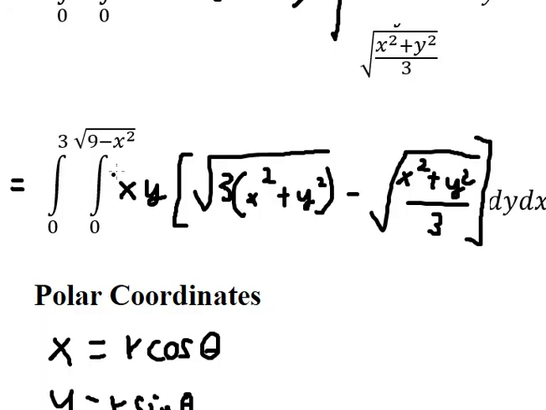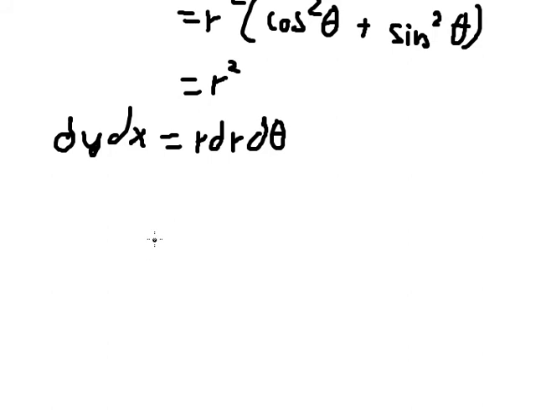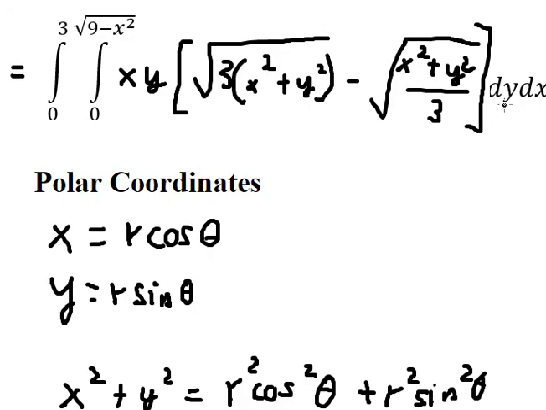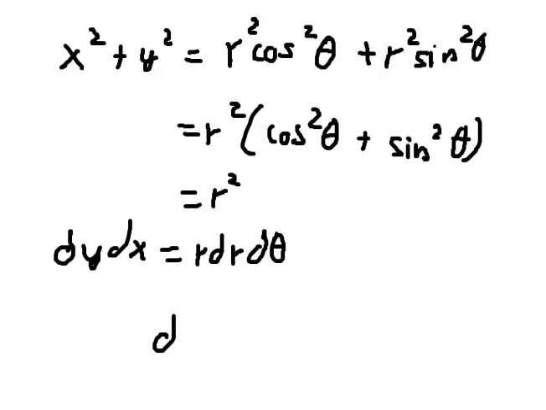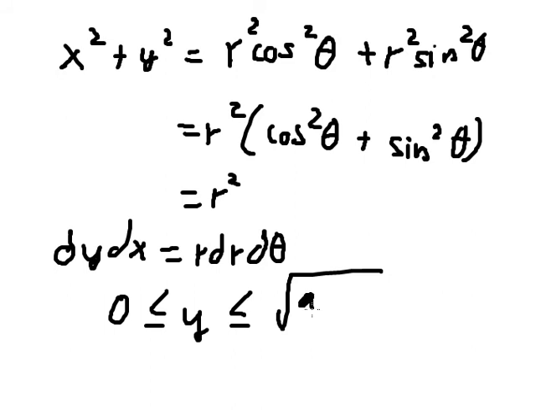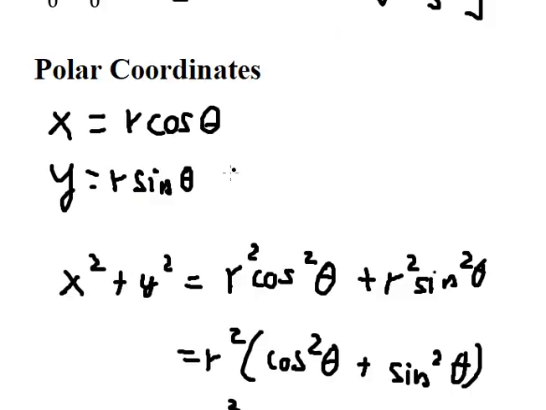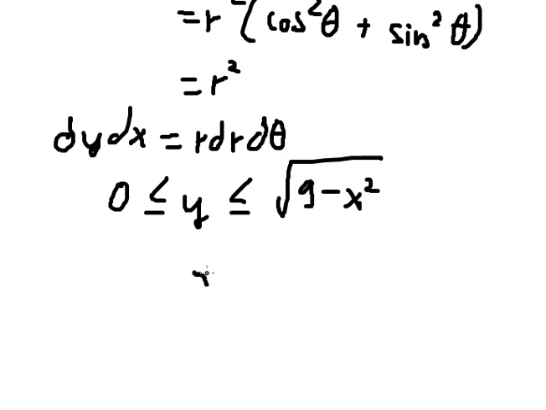Now we need to consider the bounds in here. About dy, we see that y is greater than or equal to number 0 and smaller than or equal to the square root of 9 minus x square. About dx, we have x is greater than or equal to number 0 and smaller than or equal to number 3.